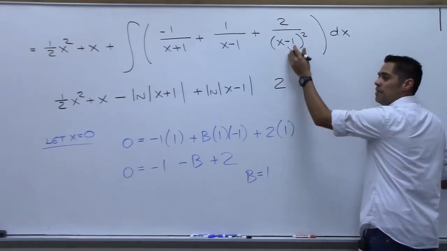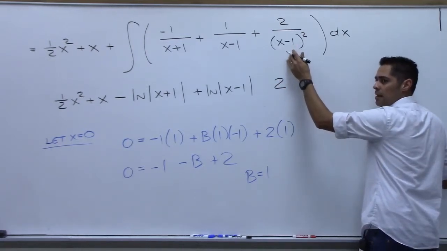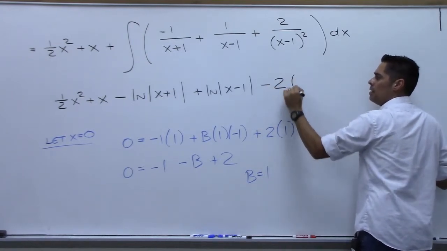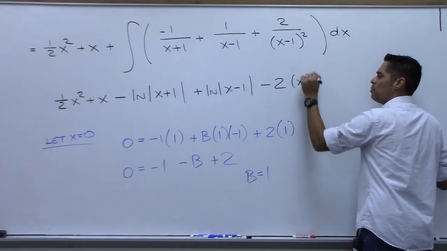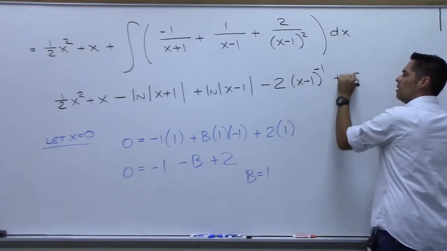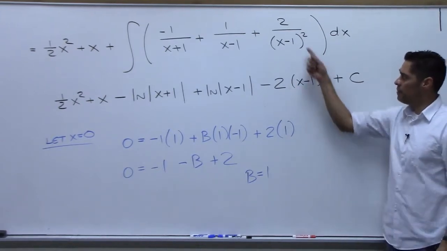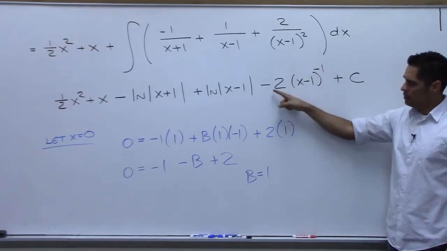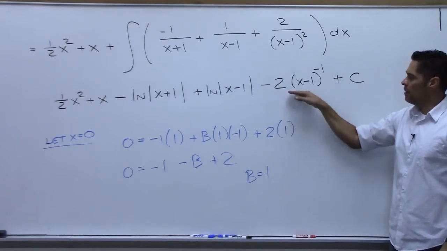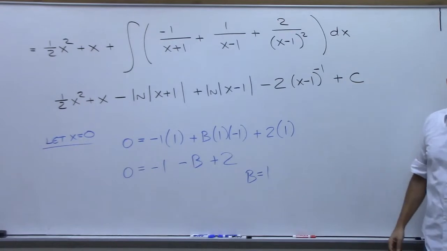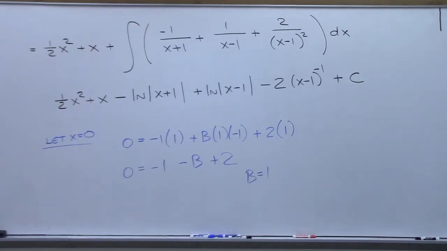But the antiderivative of this, you're also going to get a negative to come out, and then it's going to be x minus 1 to the negative 1 plus c. I'll double check it. If I take the derivative of this, I better get that. So this comes out positive 2, this to the negative 2, which is that. So that's it. That's your antiderivative.